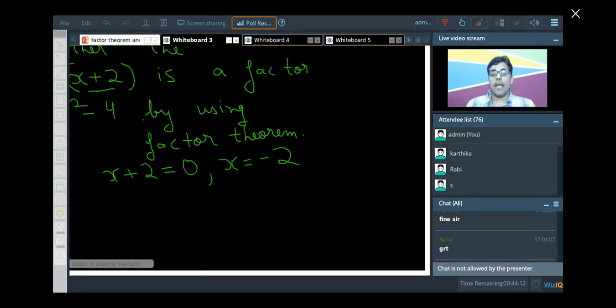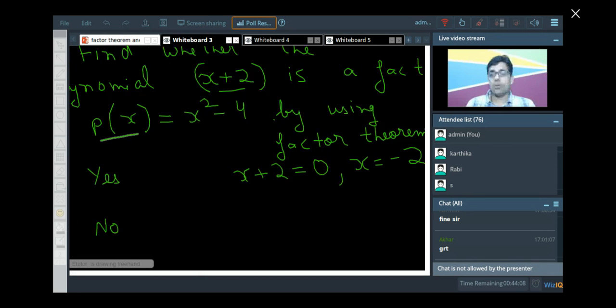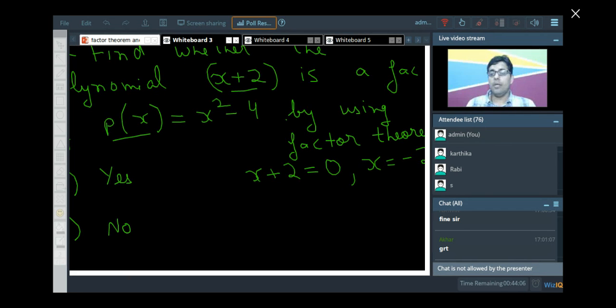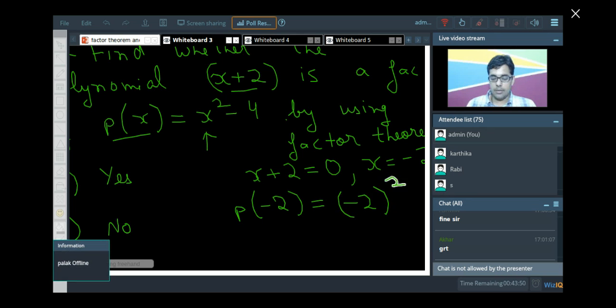By substituting this value of x as minus 2 in this polynomial p(x) equals x square minus 4, the remainder is p of minus 2. Let's check if it is coming as 0 or not. So p of minus 2 will become, the value of x will be minus 2, minus 2 whole square minus 4.